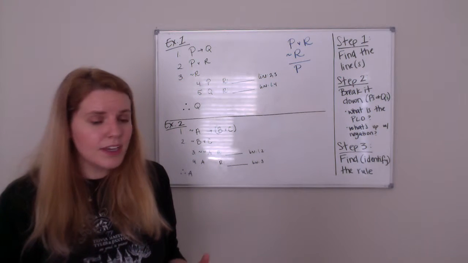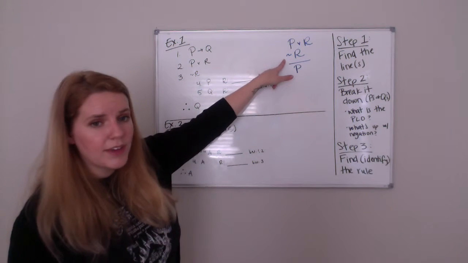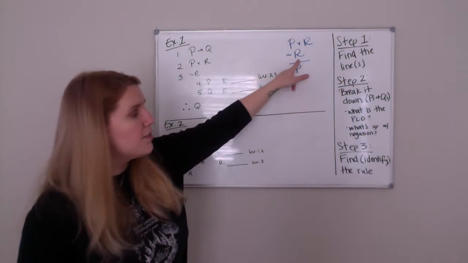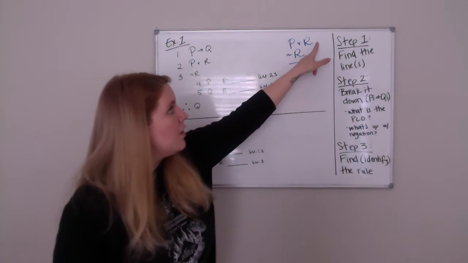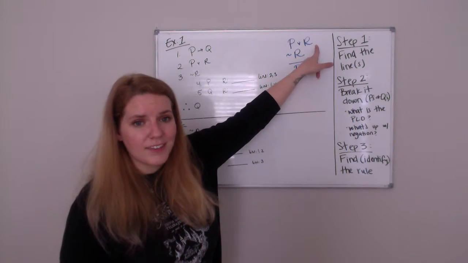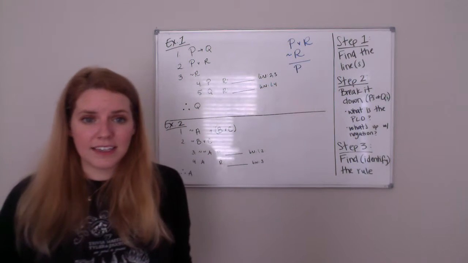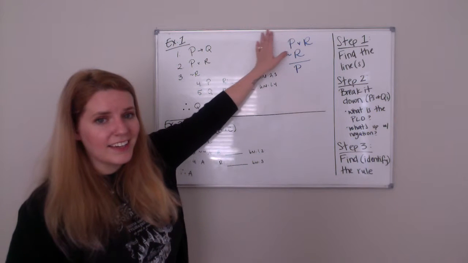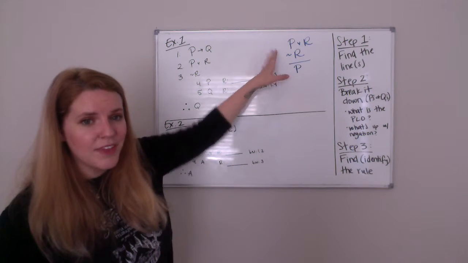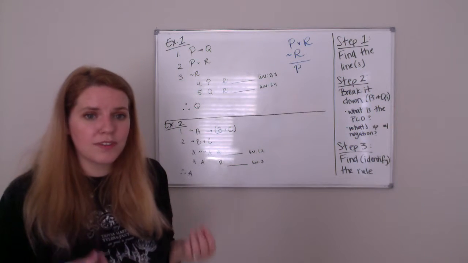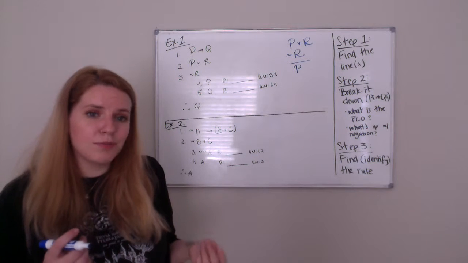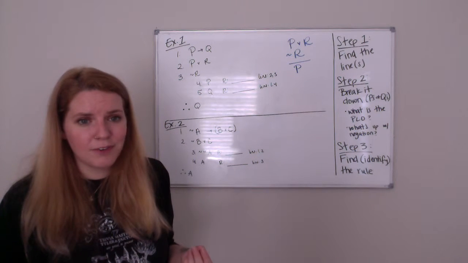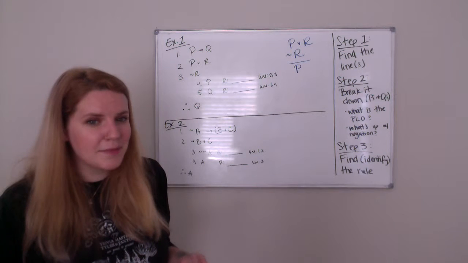We know this because the only time that we have negation is in front of the variable R. And we also have another case where we have R, but it's not negated. So here we have R that's not negated and R that is negated. And because we have R in both of these forms, in the plain regular form and in the negated form, then we know that something's up with the negation.